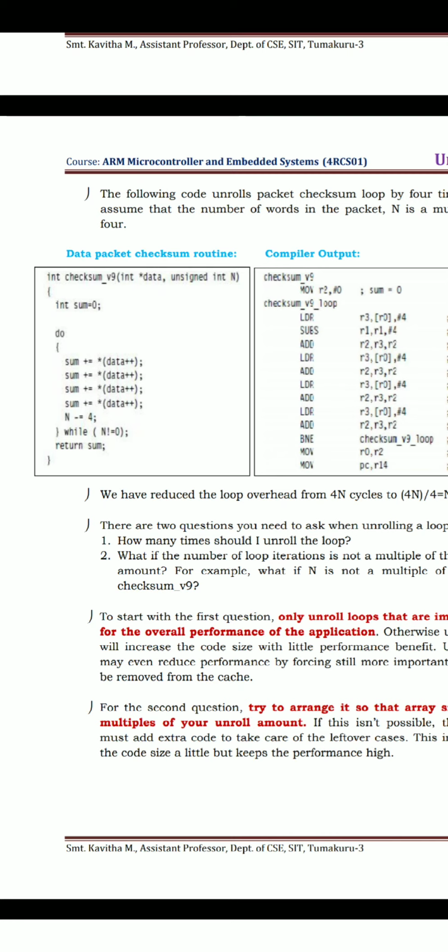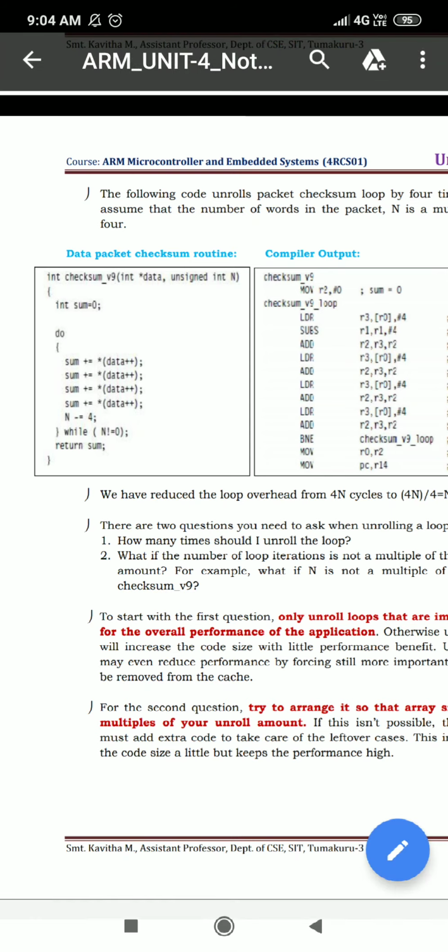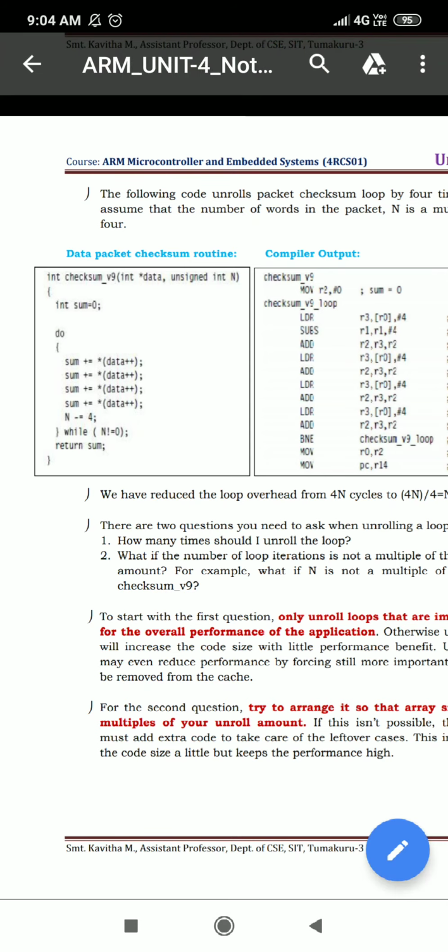So this operation is repeated 4 times and n is decremented by 4 since 4 words are added within the loop. So you can see that the test condition used is n not equal to 0, and you can also observe the final sum, it is returned to the calling function.